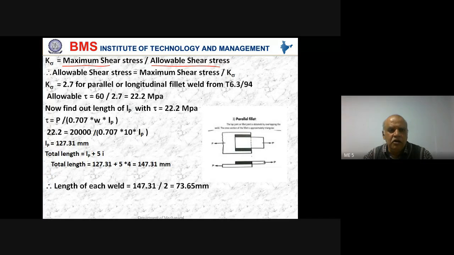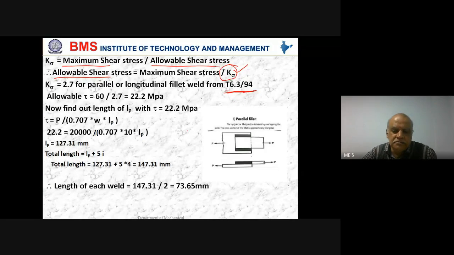So now allowable shear stress will be equal to maximum shear stress by K sigma. From where do you get the K sigma value for a welded joint? Please go to table 6.3 of your data handbook.